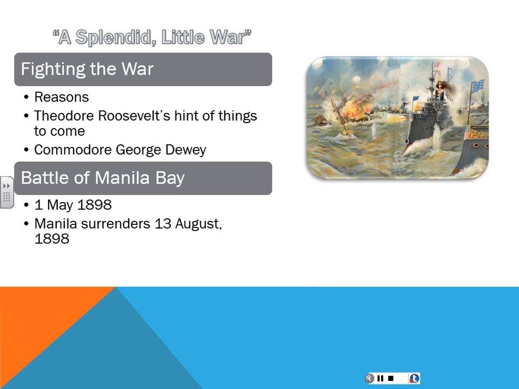Eventually, the entire Spanish armada there is sunk at the loss of no American lives. One guy gets a splinter from a shell that lands pretty close to him, a little metal splinter, but he's all right. From there, he telegraphs to the mainland and says, we have taken Manila Bay, send us troops so we can actually take the city of Manila. Manila is going to surrender on August 13th, 1898.